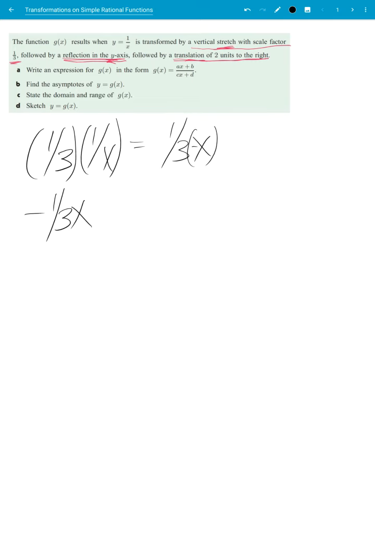And then the final step is going to be 2 units to the right. Moving something 2 units to the right means directly from the x, I need to subtract 2. So it's not going to be this, right? It's going to be the negative 1/3 that I've already worked out, x minus 2. This is going to give me my translation to the right of 2 units.